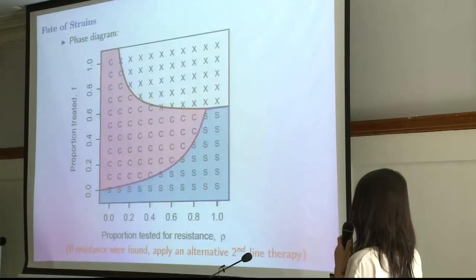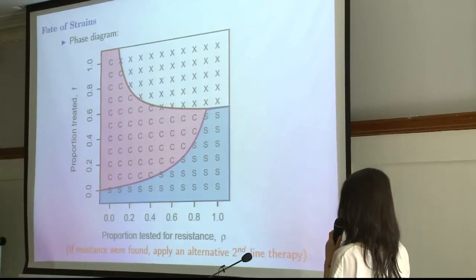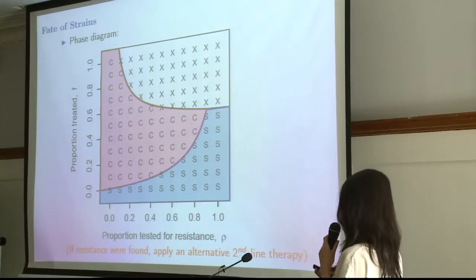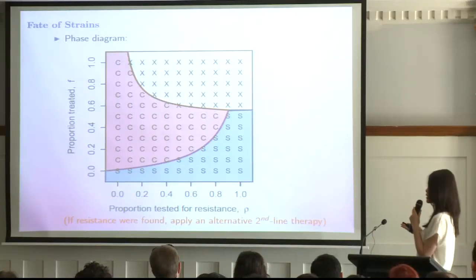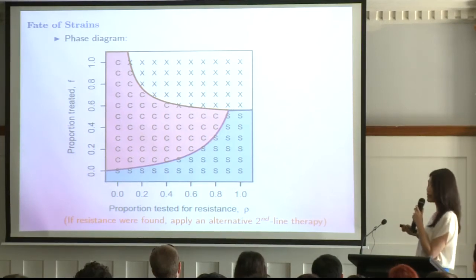Based on these assumptions, here is what we found. This phase diagram shows the final equilibrium status of a disease, which initially starts with patients infected with sensitive strains only.